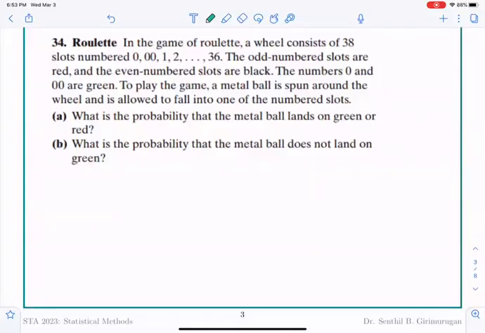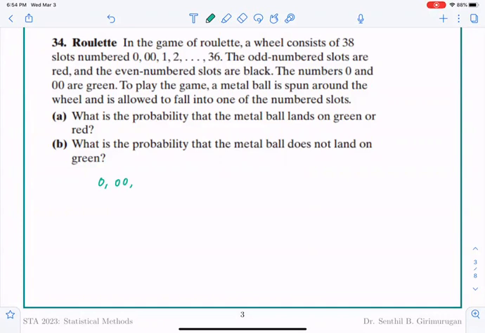So we have a game of roulette, and we have 0, 00, and numbers 1 through 36, and the odd numbers are in red, even numbers are in black. We don't care about whether they are odd or even, we don't have to write them out.